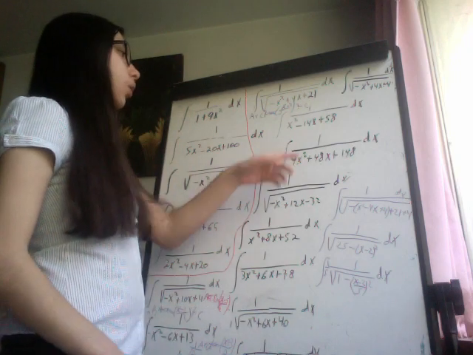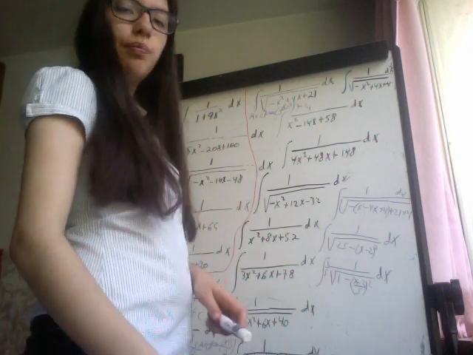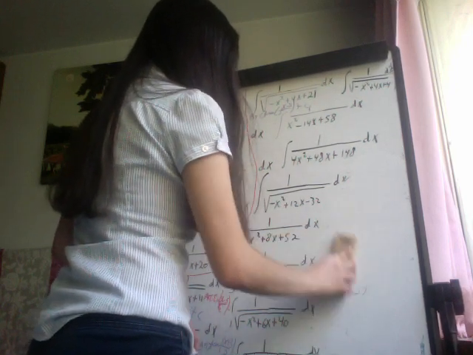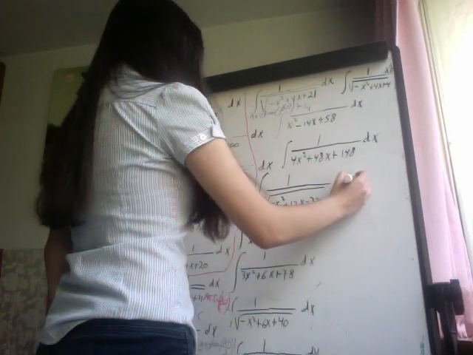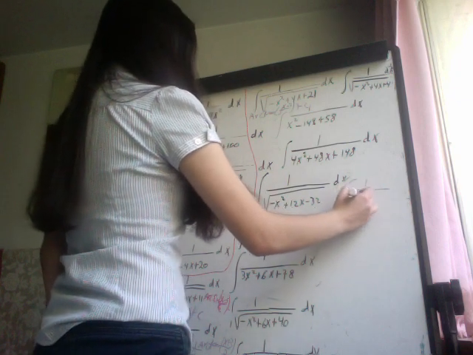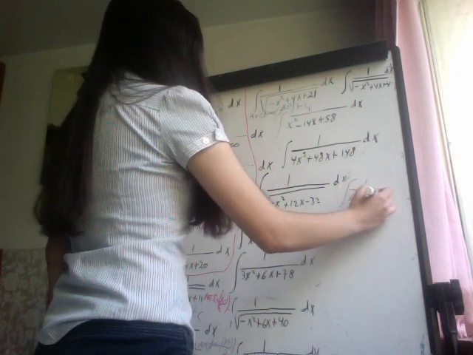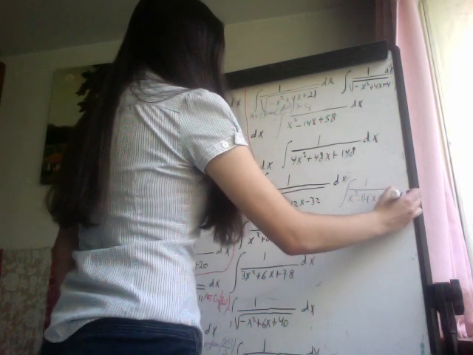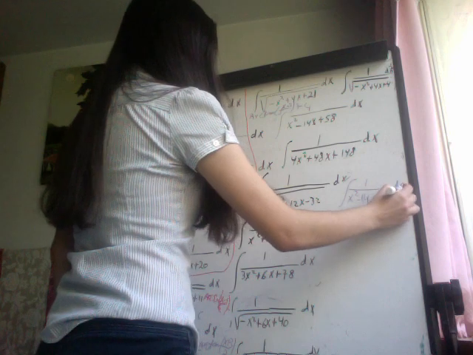Alright, next one. 1 over x squared minus 14x plus 58. Integration of 1 over x squared minus 14x plus 49 plus 58 minus 49 dx.